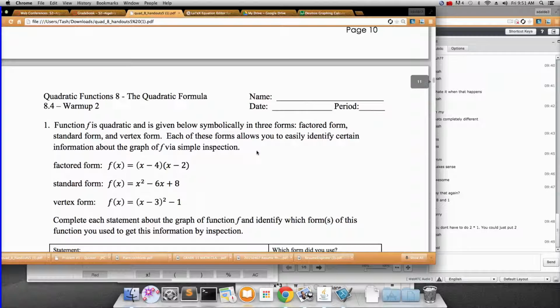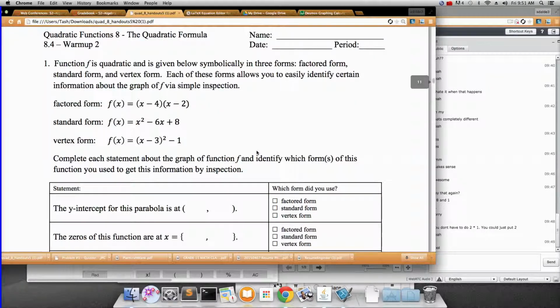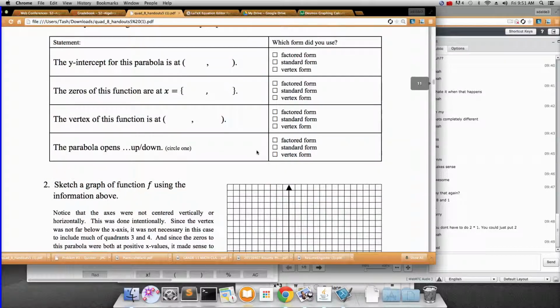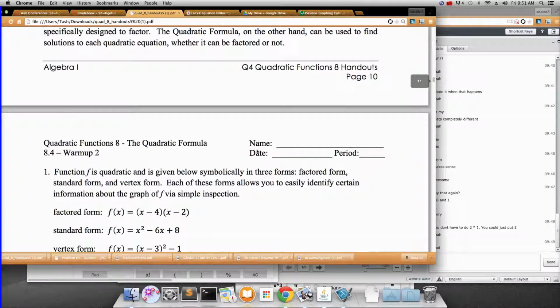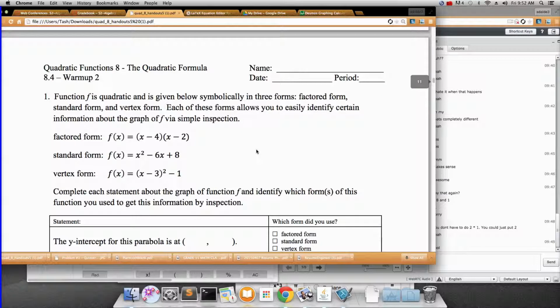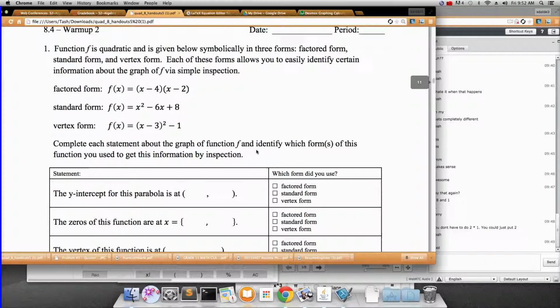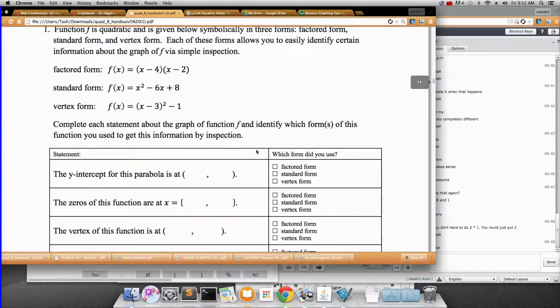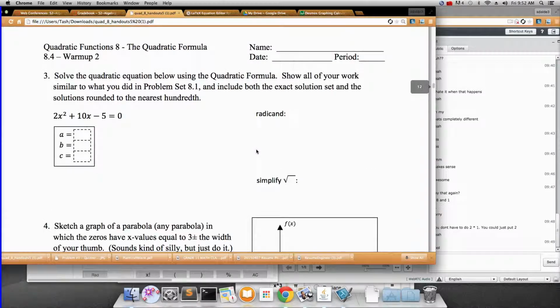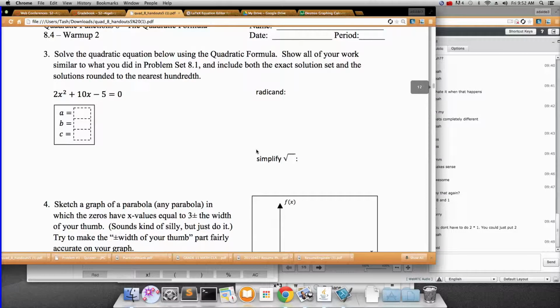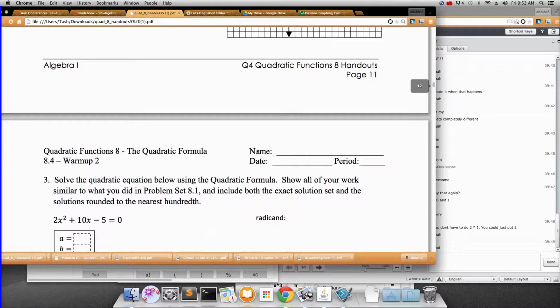I don't really know what else to teach you with this. Let's look at this. Let's see. All right, fine. Let's do this. This is a good way for us to kind of talk about things.